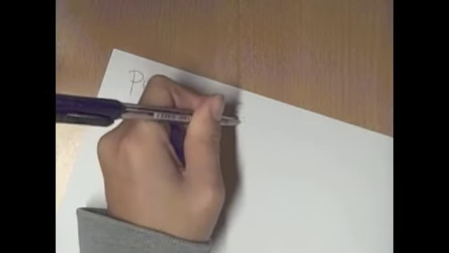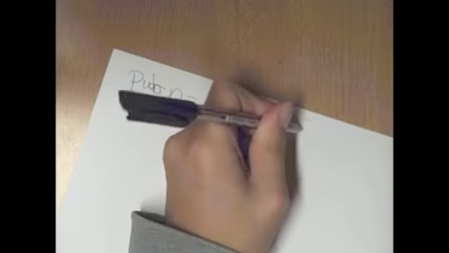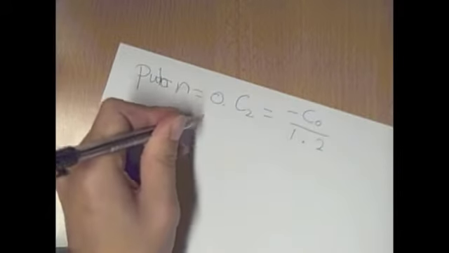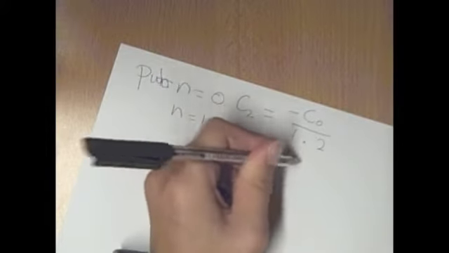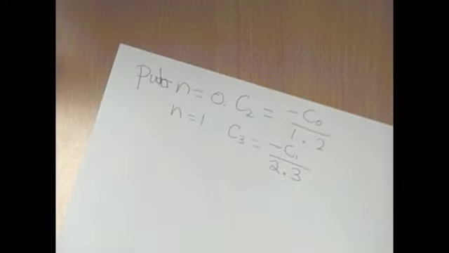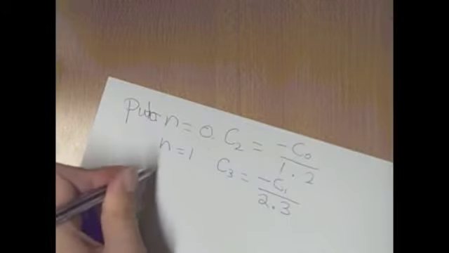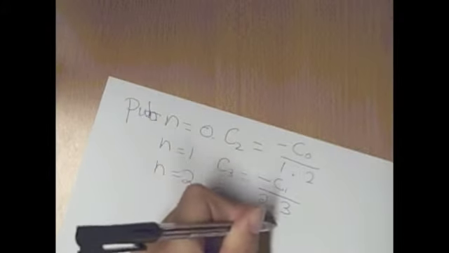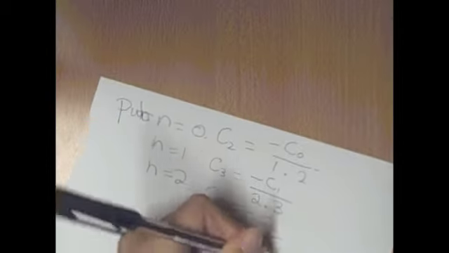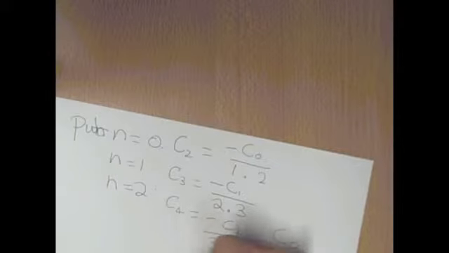Putting n equal to 0, we get c2 is equal to minus c0 over 1 times 2. Putting n equal to 1, c3 equals minus c1 over 2 times 3. Putting n equal to 2, we get c4 is equal to minus c2 over 3 times 4, which is the same as c0 over 1 times 2 times 3 times 4.